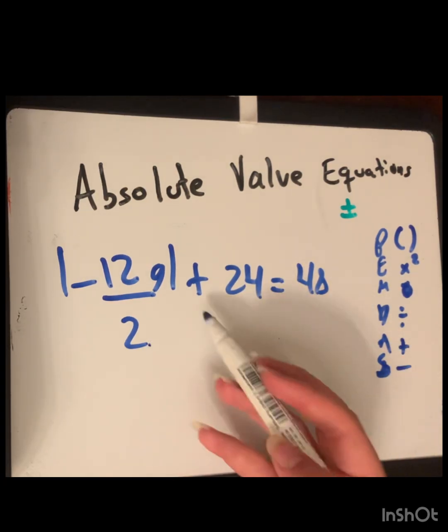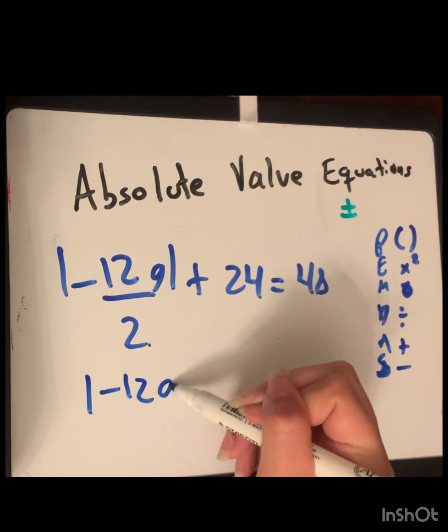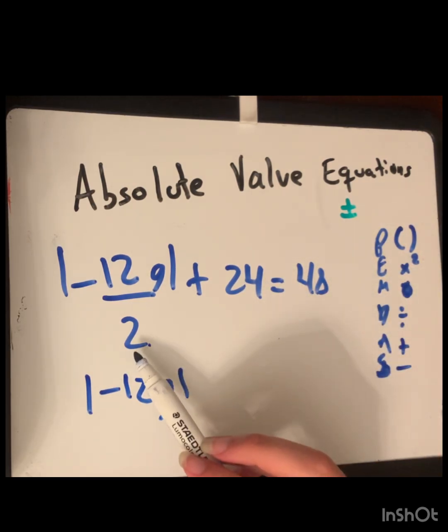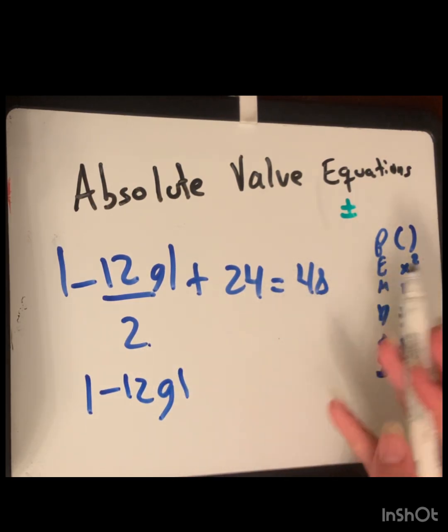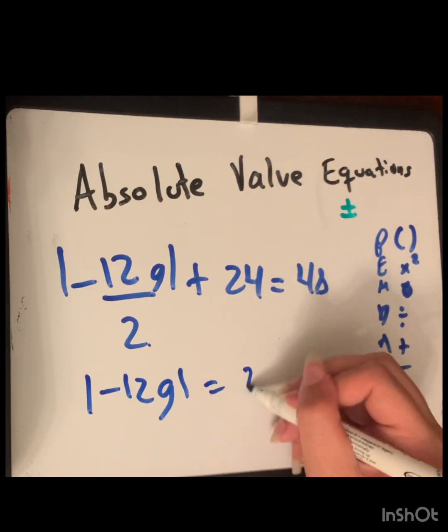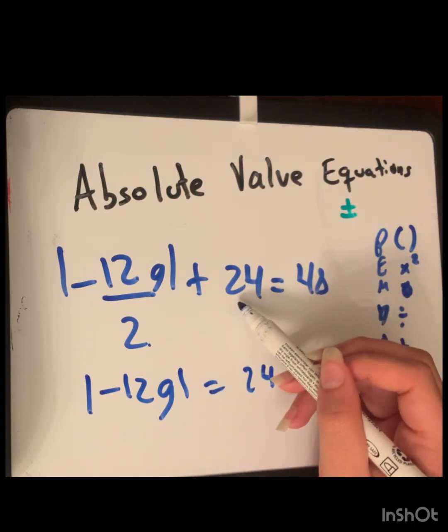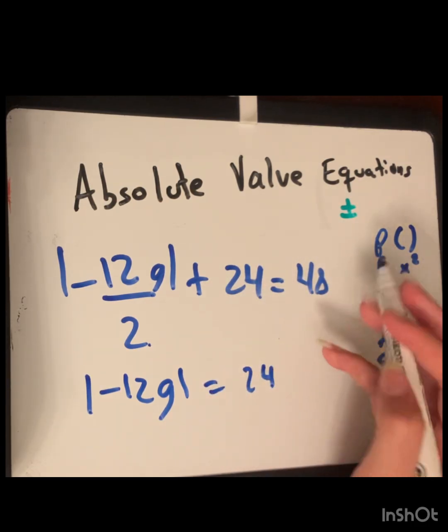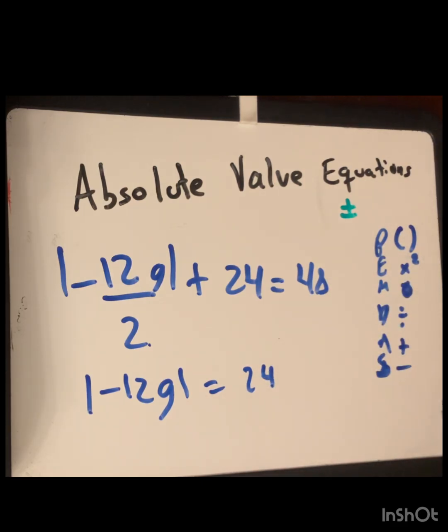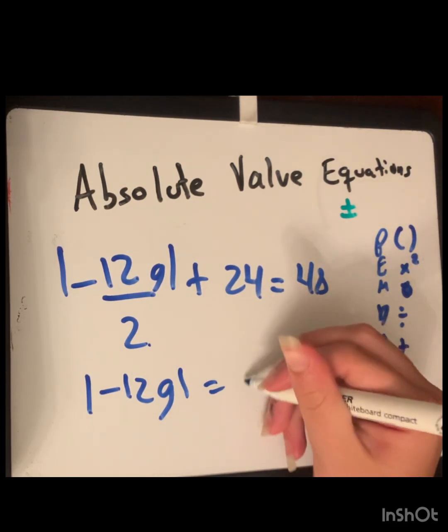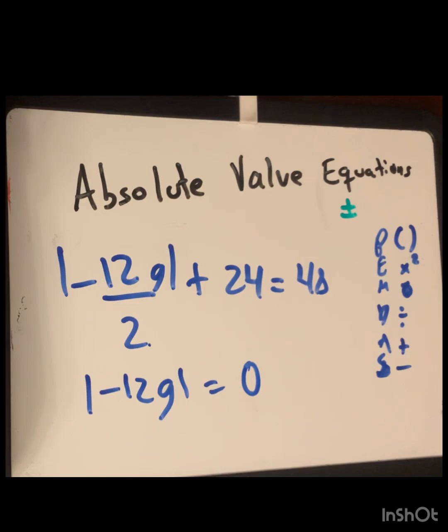So first you would subtract to leave the absolute value alone. If not, you can't make another equation. 48 minus 24 is 24, and 24 is adding, so it goes subtracting, so it'd be 0. So this would be 0. And now you want to make another equation.